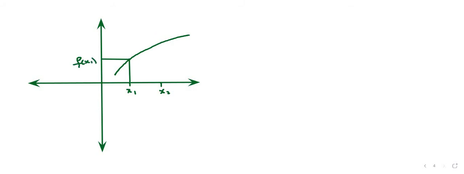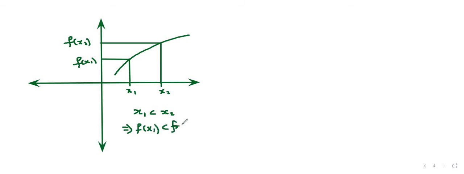The image of x2 is this f of x2. From the figure it is clear that x1 less than x2 implies f of x1 is less than f of x2. From this we can say that f of x is strictly increasing.